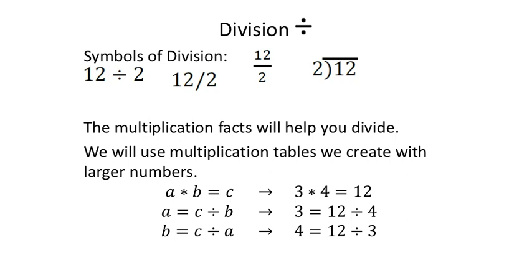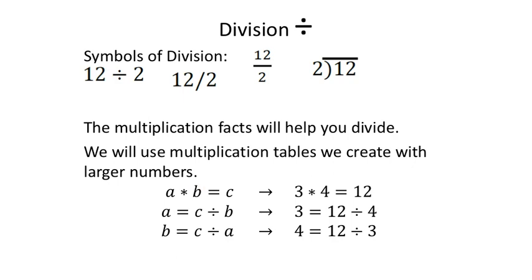So division and multiplication have their own fact families, just like addition and subtraction do. They may help you to divide, because if you can memorize those basic multiplication facts, then you can change a division problem into multiplication and solve for one of the unknowns. And we're going to be using the table for some of this stuff, all right?